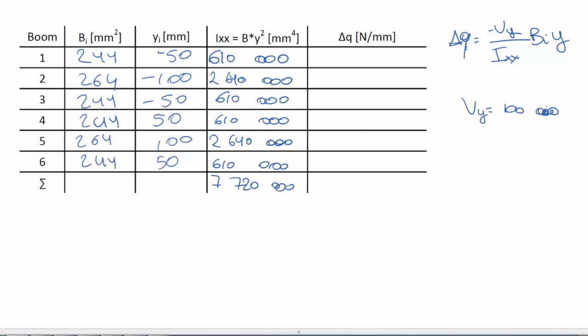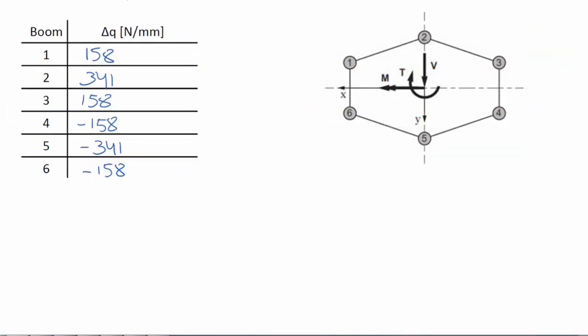So we can also simply fill in this equation for all the booms. For boom 1, and so on. Now that we have all the shear flow jumps for all the booms, we can go on and calculate all the shear flows in the booms.